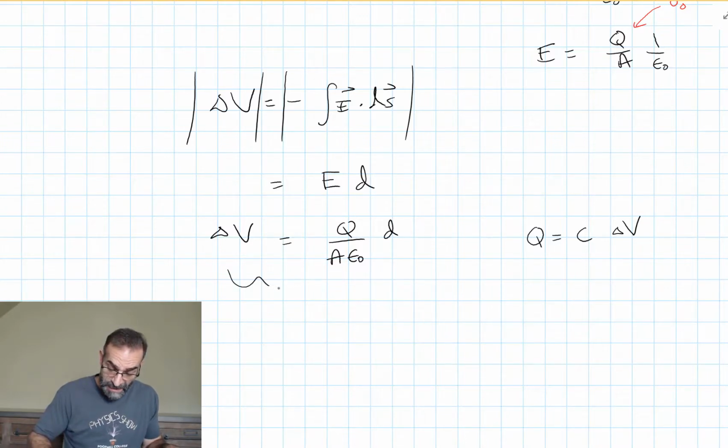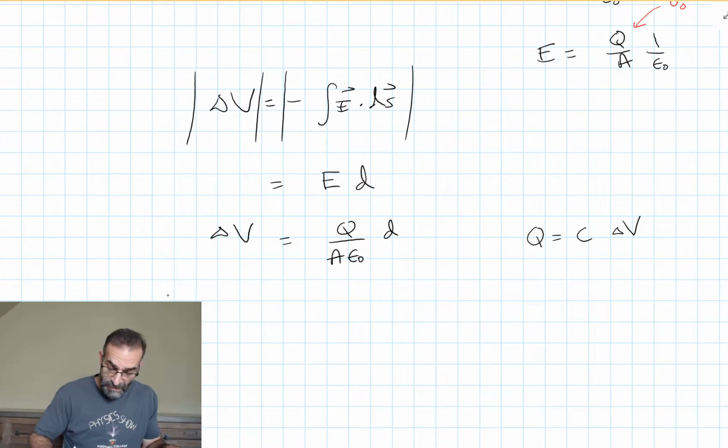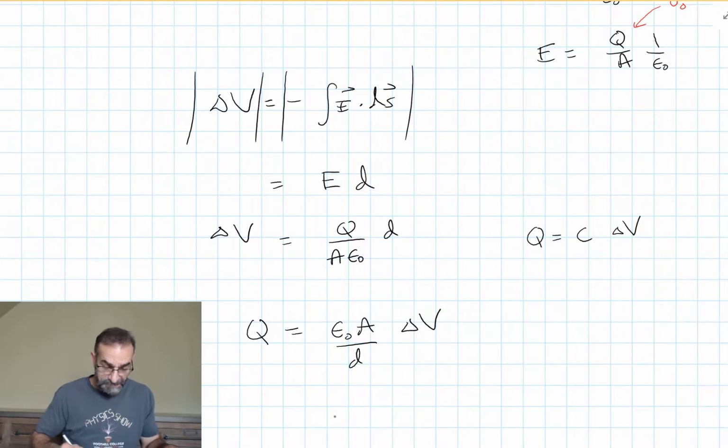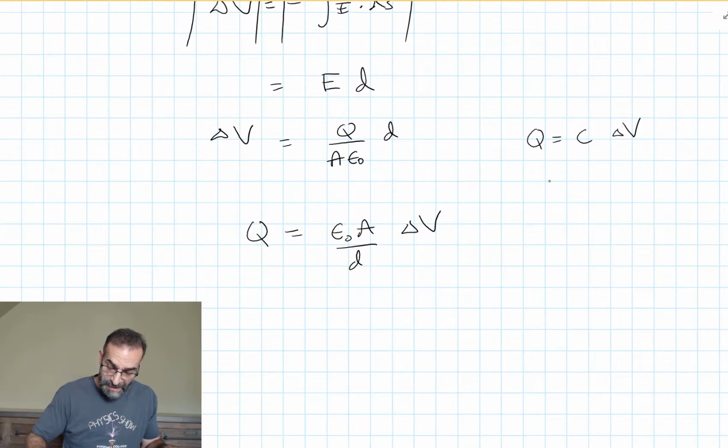I want to make this equation on the left look like this one on the right. So I'm going to rearrange it a little bit. I'm going to move my Q to the other side. And that's going to be epsilon naught A over D times delta V. Now, this equation looks a lot like this equation.